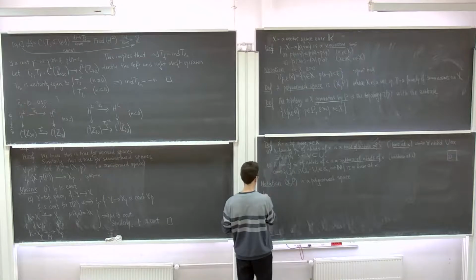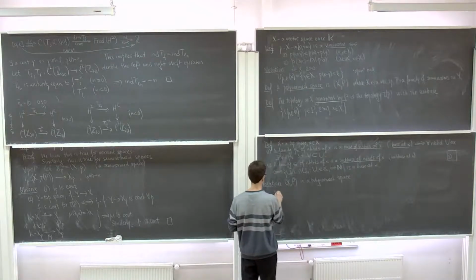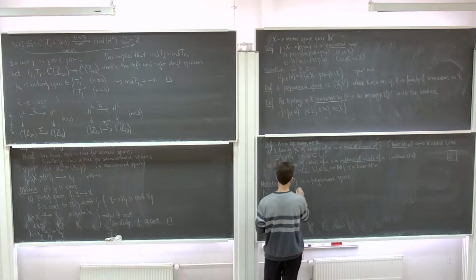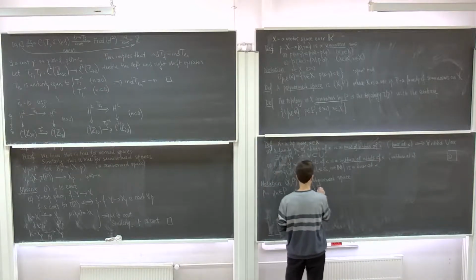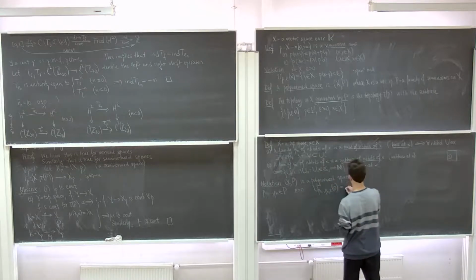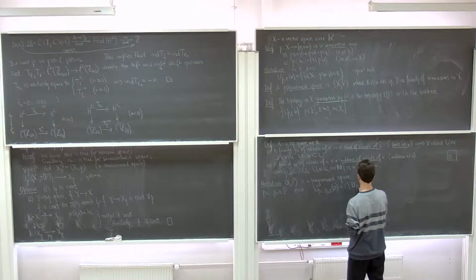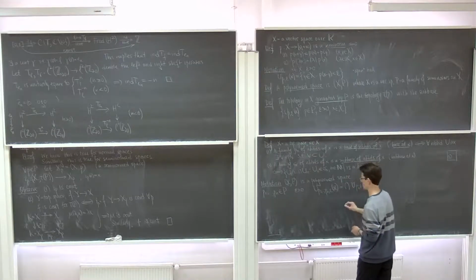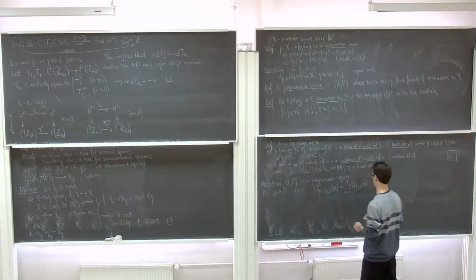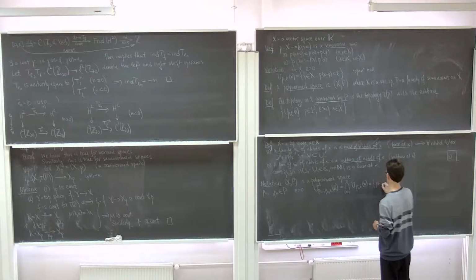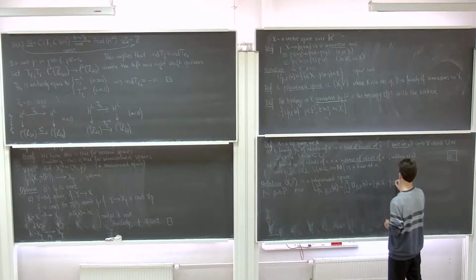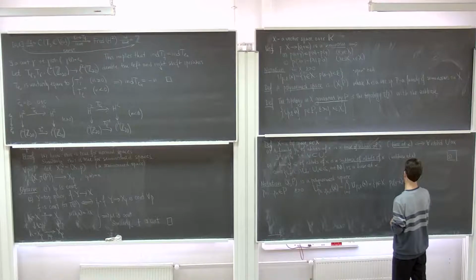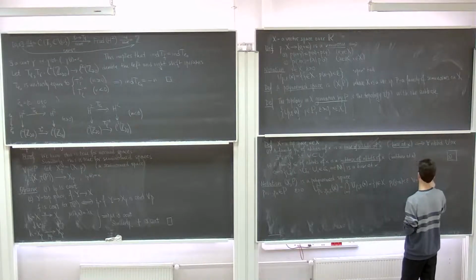So if we have finitely many seminorms from P, say p1 to pn, and a positive number epsilon, we denote by the following symbol the intersection of the open balls U(pi, epsilon) centered at x. So explicitly, this is the set of all y in our space such that pi of (y minus x) is less than epsilon for each i from 1 to n.